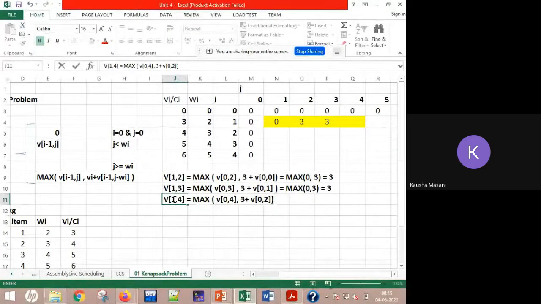J minus W. So 4 minus 2. So that is 2. Yes, correct. So max out of 0 and 3 again. So value is 3.